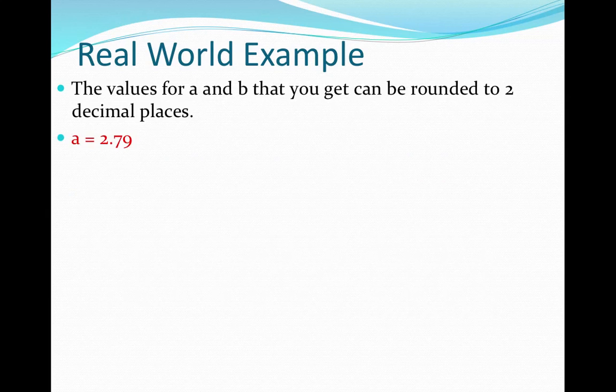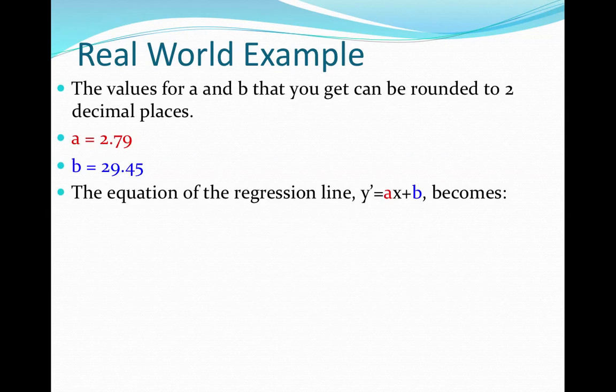So then our equation becomes 2.79x plus 29.45 equals y prime. Okay, when you have your equation, you can answer those questions on making predictions regarding life expectancy.